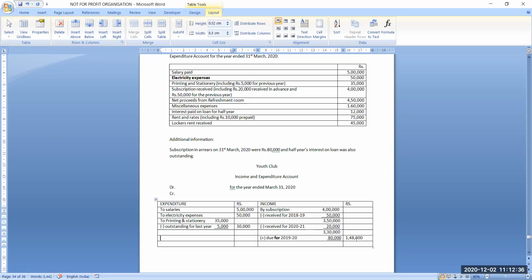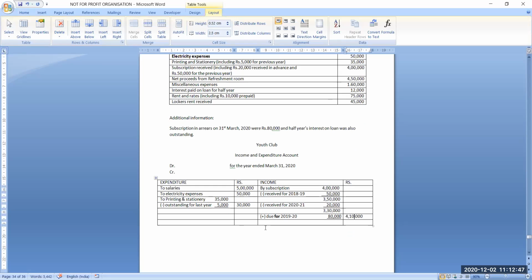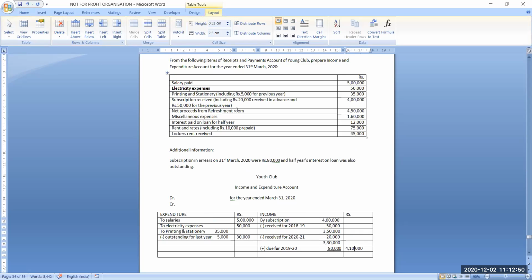So it will become 4,10,000. Because we are not preparing the balance sheet in this question, I'm not doing adjustments at the second place. Okay, so subscription is over.